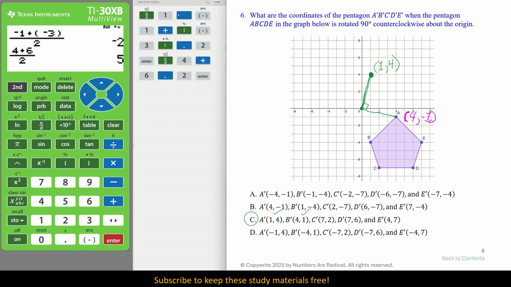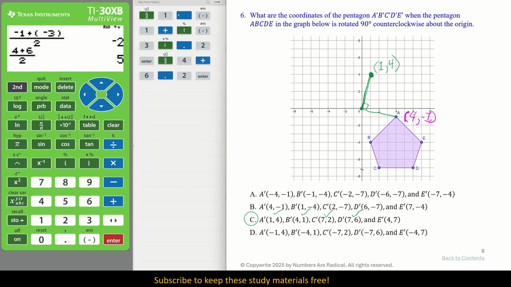Let's look at C. C needs to become 7, then 2. Is that what we have? Yes, we do. And then D needs to become 7 and 6. Yes, that works. And E needs to become 4, then 7.